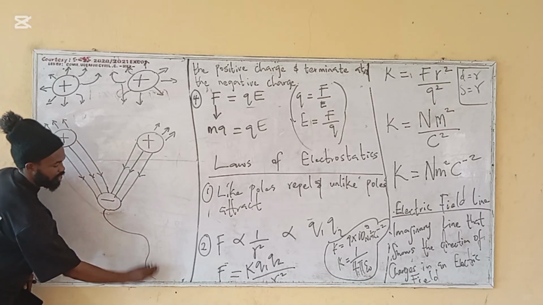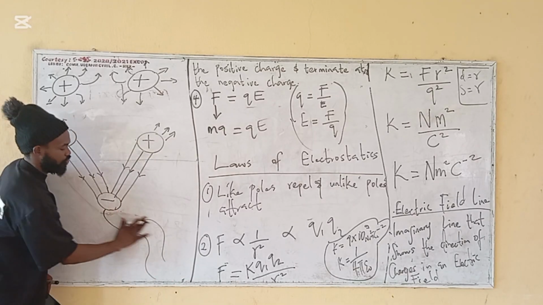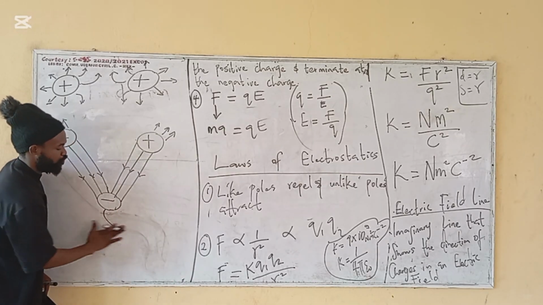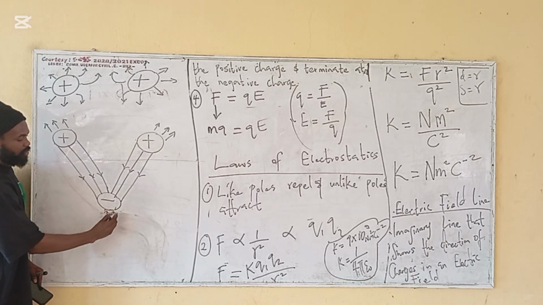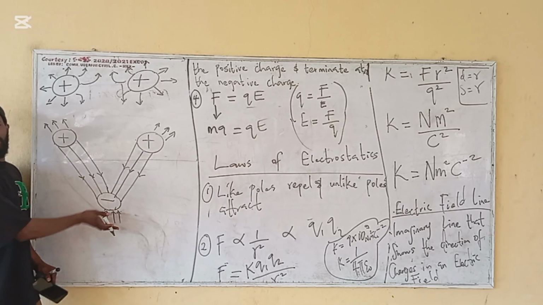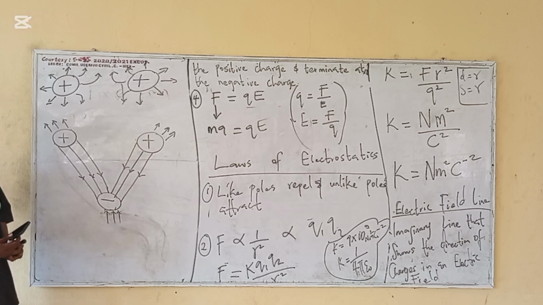Charges don't move this way. This is not the way they assume charges to be moving. So you put it this way, put it this way. This is to show that this one is on the receiving end. Very important to note.